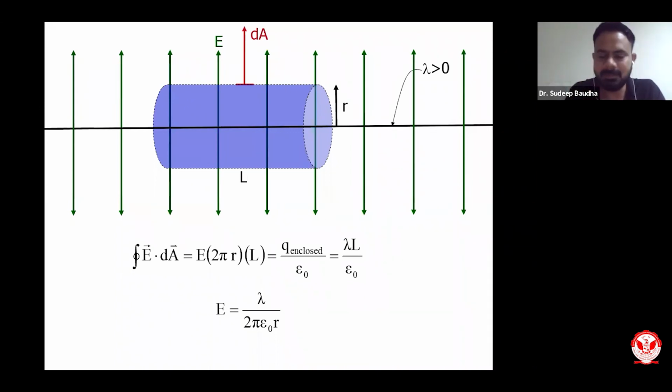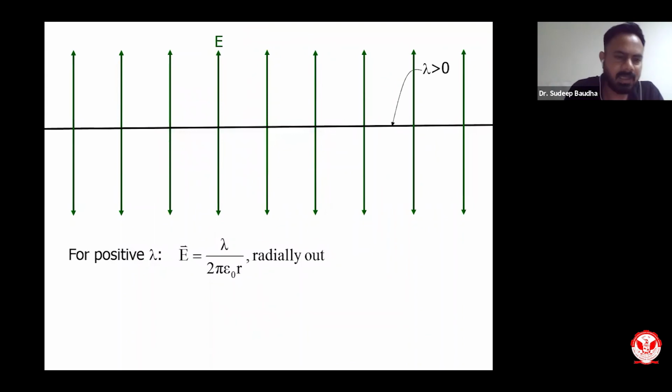This is very important in terms of Gauss law, that we can simply find the value of the electric field at a particular point without applying integration and differentiation. Straight away you can do this. If I need to find the direction, since this charge is positive in nature, the electric field will be radially outward.